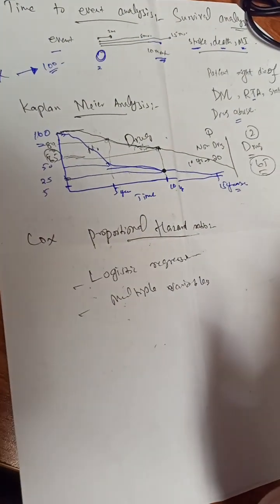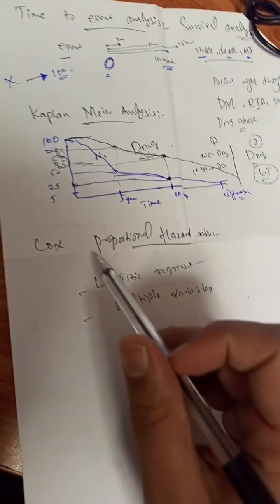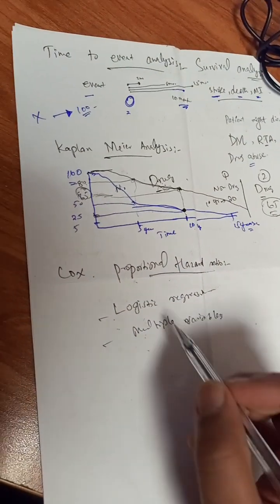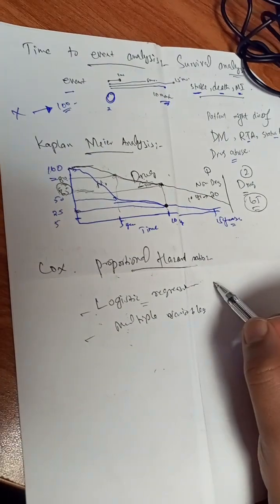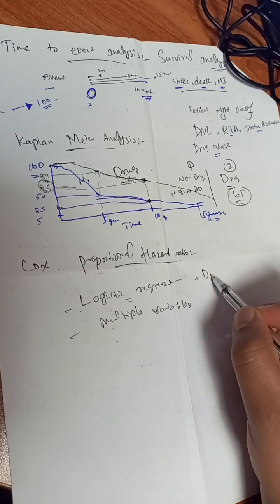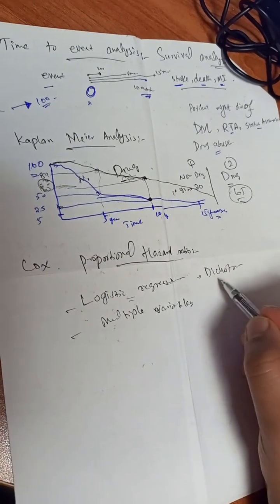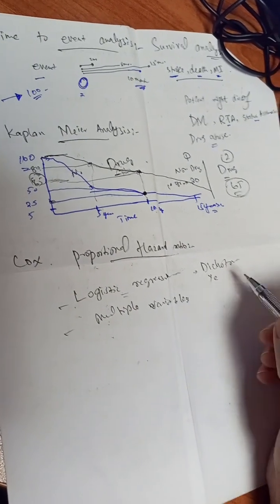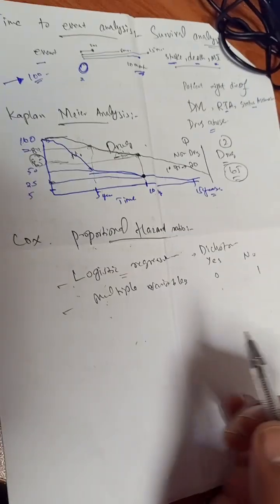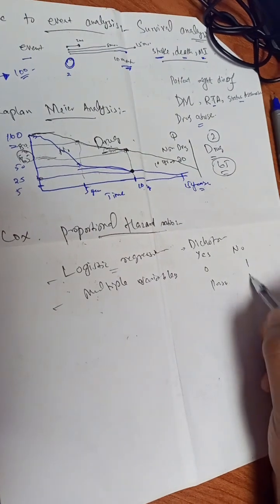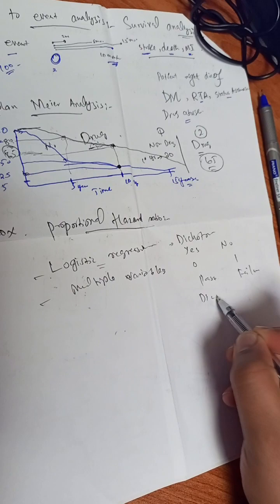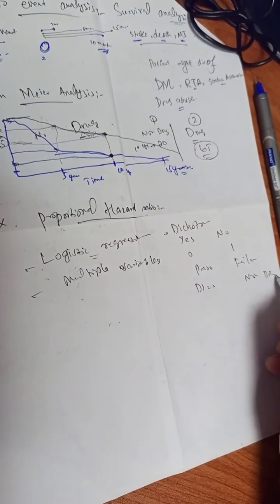In Cox proportional there are multiple variables we are taking, and we are using logistic regression, in which the outcomes are stated in a dichotomous type, like, as far as we remember, yes or no, zero or one, pass and fail, and we can also say disease and non-disease form.